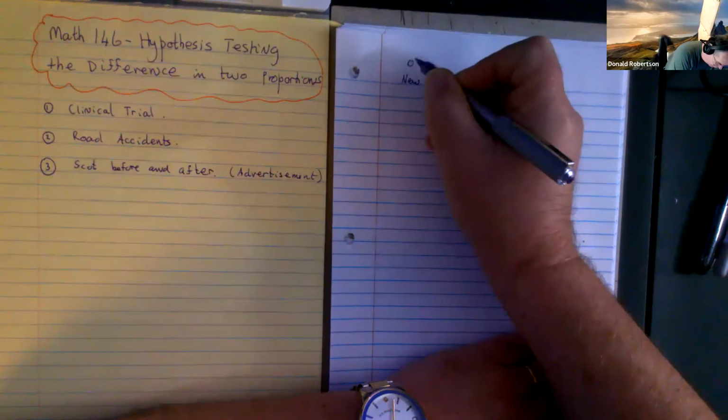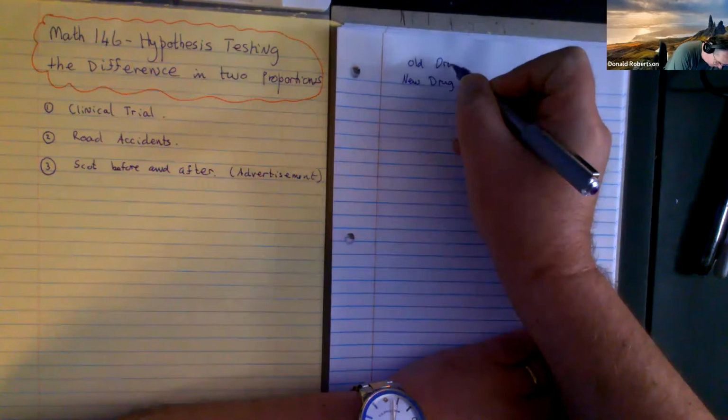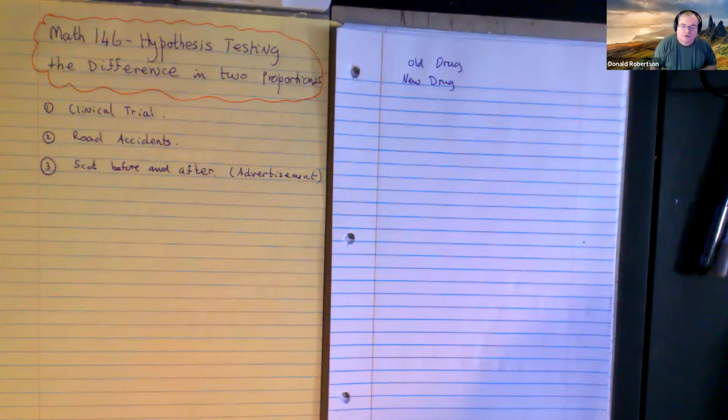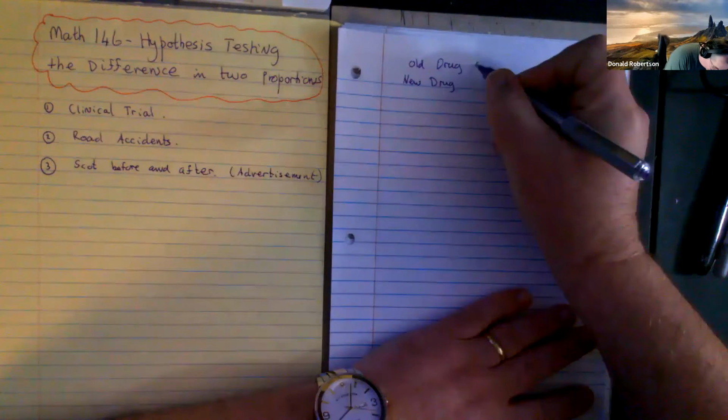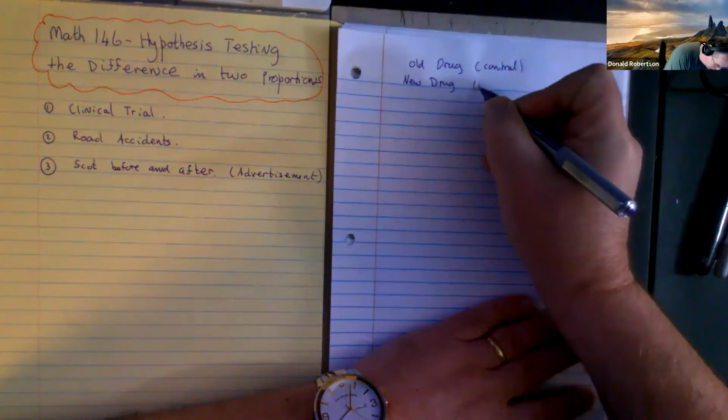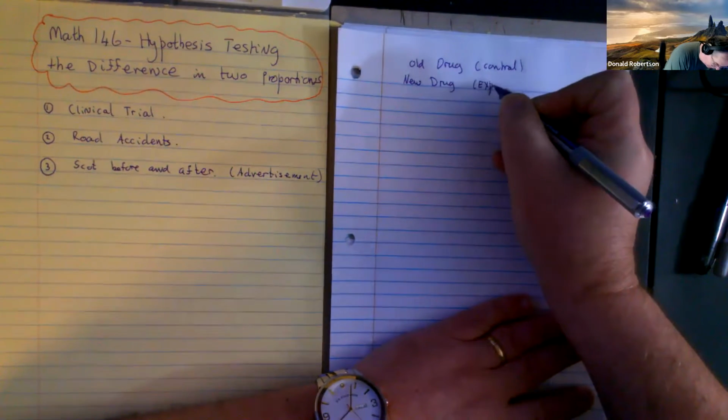We've got two drugs, the old drug and the new drug. And we are interested in, does the new drug do a better job? That's the classic thing that you would go out there and try and prove. The old drug is called the control drug, and the new one would be called the experimental.